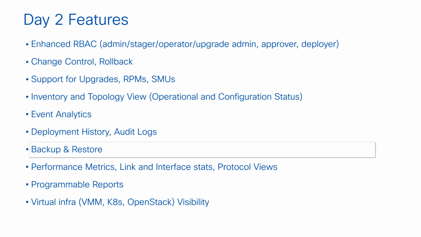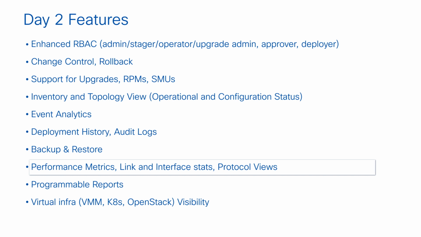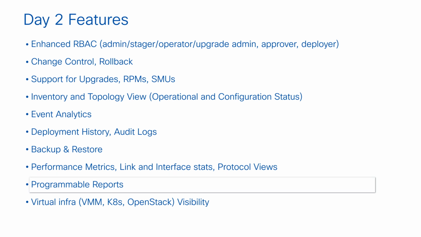We do have support for backup and restore at a fabric level or at an NDFC level, performance metrics, links, interface stats, protocol views is what's available for the switch as well as the fabric. We have programmable reports which can be run at a cadence. You can decide what kind of switches you want to gather data for, for example, for SFP or inventory or performance data, this runs at a cadence.